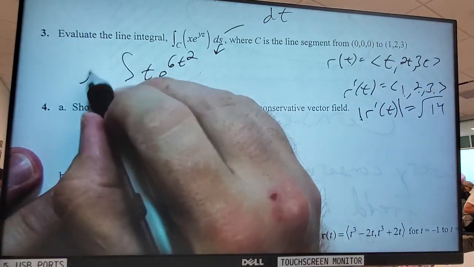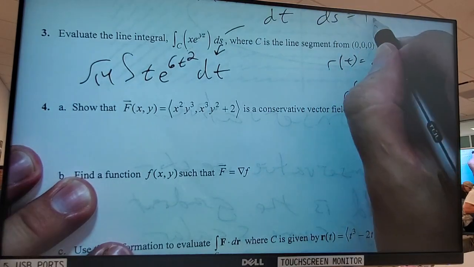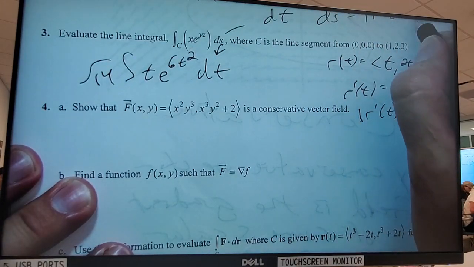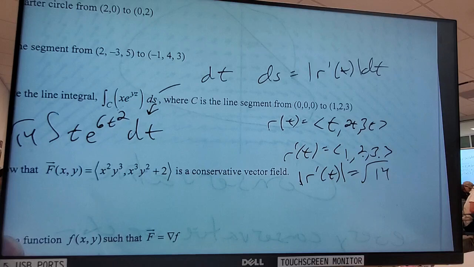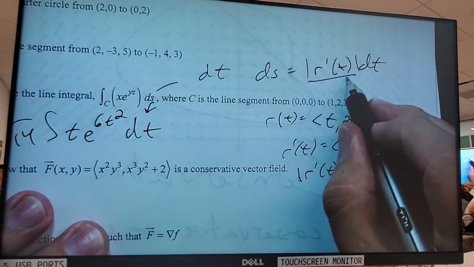So this will be square root of 14 dt, because ds is the length of r prime dt. So we talked about that last time. That's the connection between ds, which is very difficult, and dt, which is very straightforward. The trade-off is you get this extra little component.